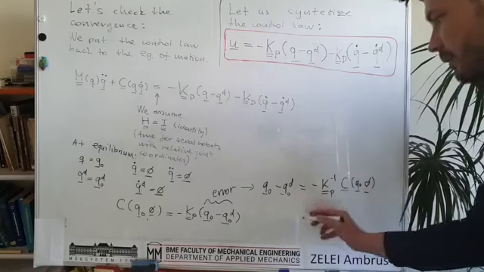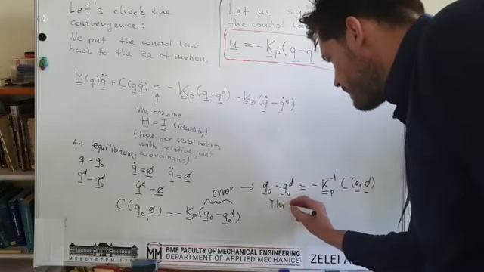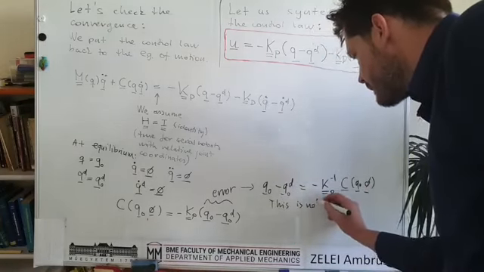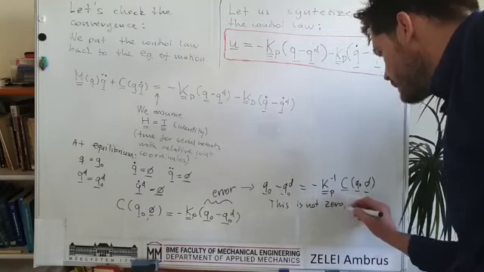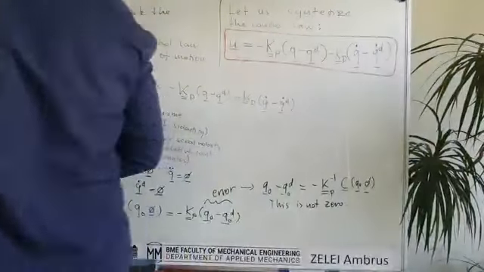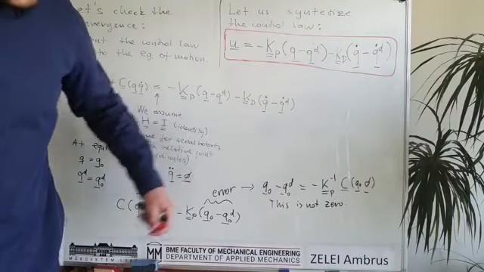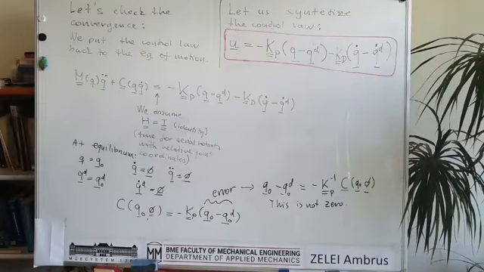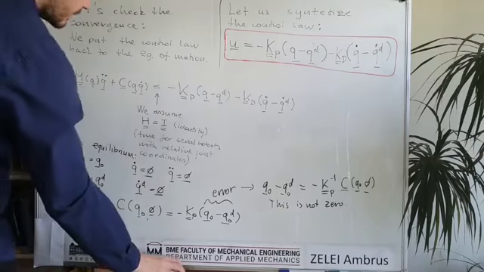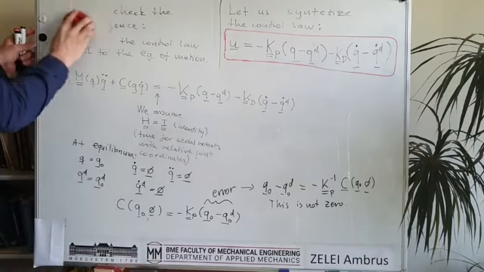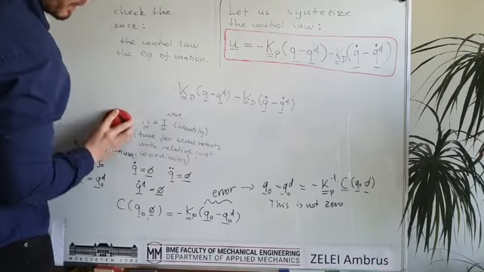So this is not 0, and that's a problem. So if you have a simple PD controller, there will always be some kind of error. And let's see a very simple example to show that this error is not 0.